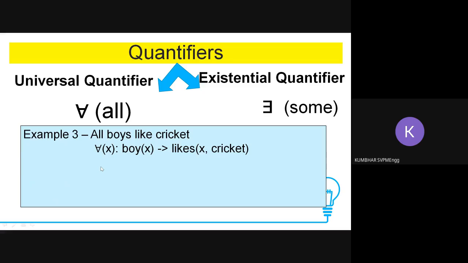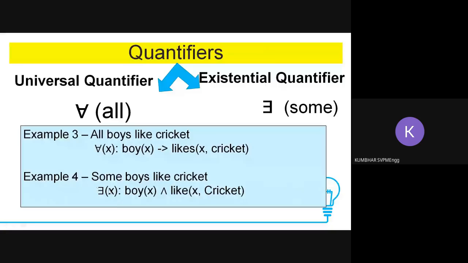Let's check for some. Example 4 was some boys like cricket. So instead of all, now we have to talk about some set, not the full set. So that will be: there exists some x such that x is a boy and x likes cricket. You can observe the difference.